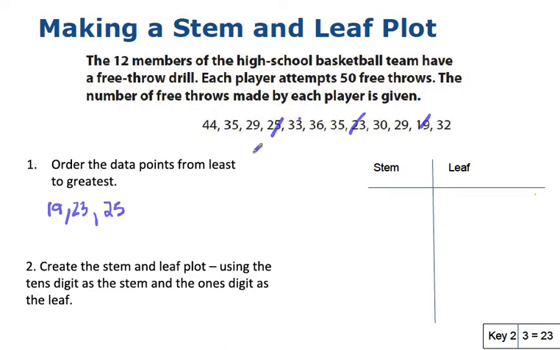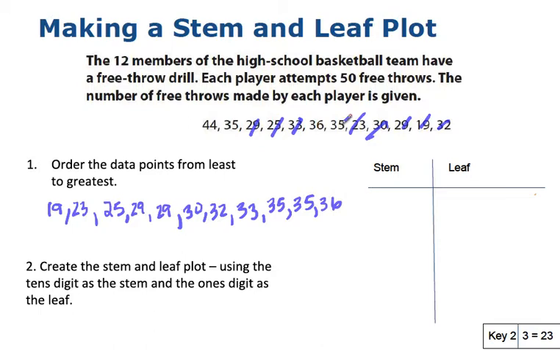Remember, if you miss something, you can always erase it, but we're going to hopefully just do it quickly. 29, I see another 29, 30, 32, 33, 2 35s, 36, and a 44. Try to squeeze that one in.